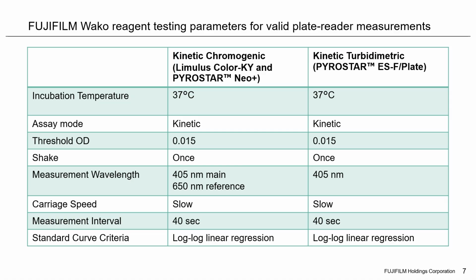We also recommend, if your reader has a carriage speed setting, that be set to slow. The measurement interval is 40 seconds for each of the reads, and then for the standard curve measurement criteria, that log-log linear reduction that I mentioned. So our package inserts outline these points. If you follow these points with a valid microplate reader, then we guarantee the results of the reagent.